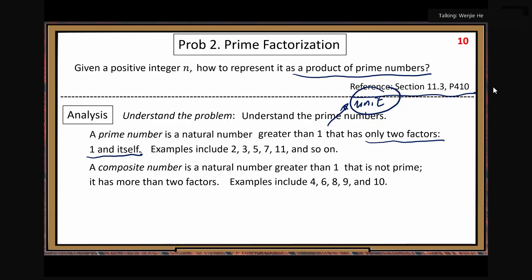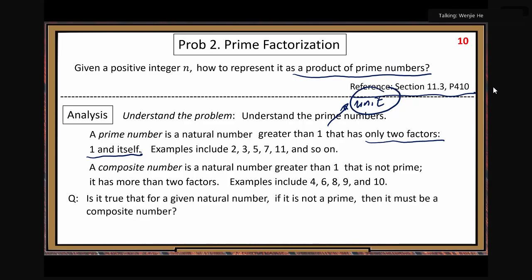Here, let me ask you a simple question for the understanding. Read the question carefully. Is it true that for a given natural number, if it is not a prime, then it must be a composite number?